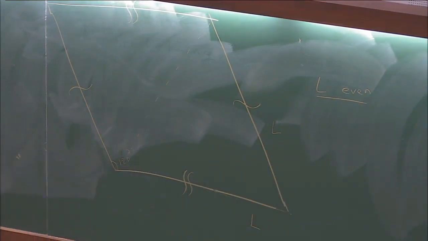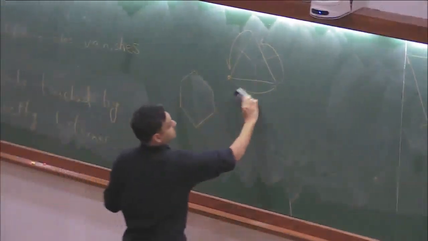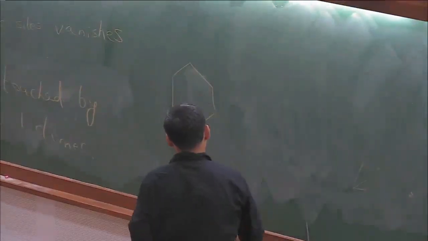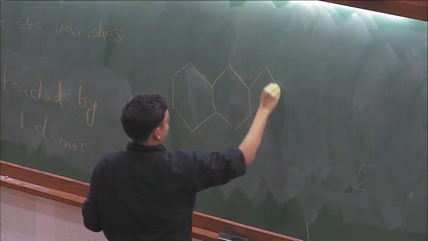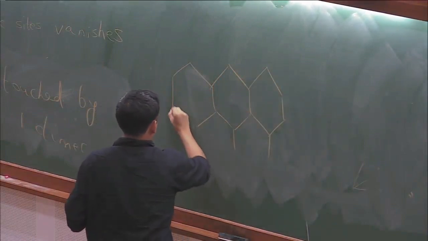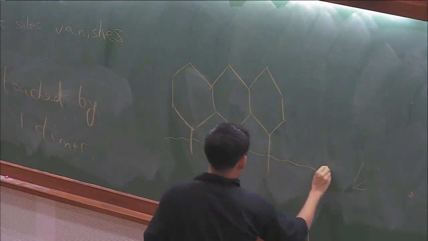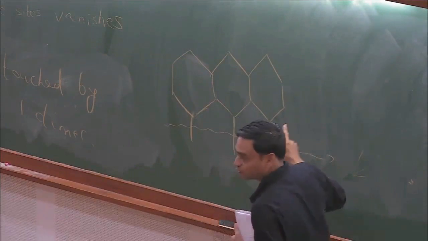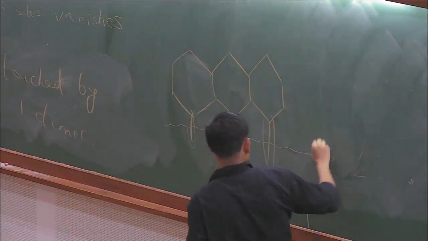So that means on the dual honeycomb net, if I walk like that, crossing bonds of one orientation, and I count the number of dimers I meet, right?